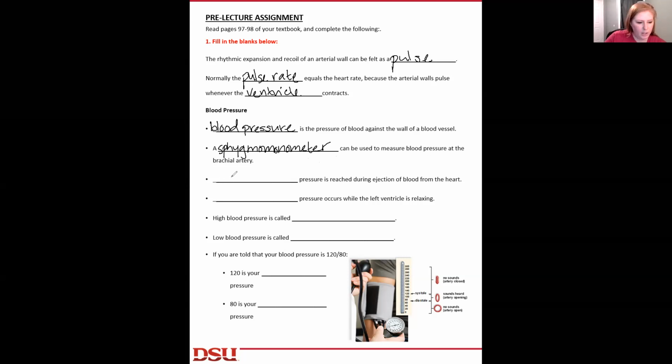Okay, so this is about systolic and diastolic blood pressure. Systolic is reached during ejection of blood from the heart, or another way you can think about this is the left ventricle contracting.